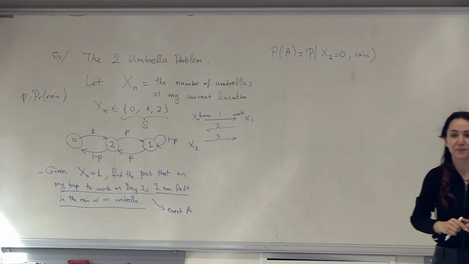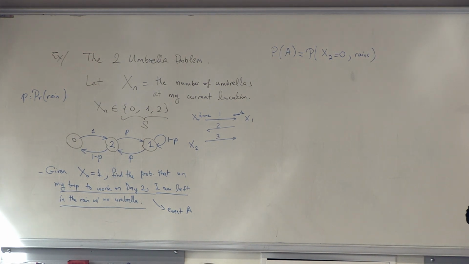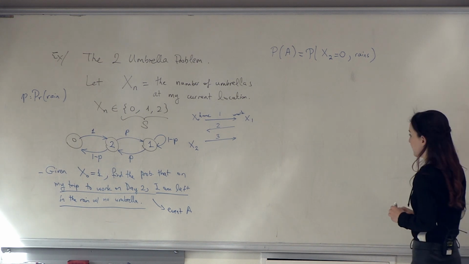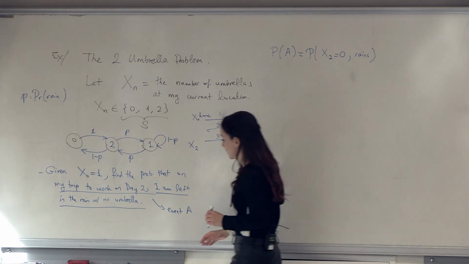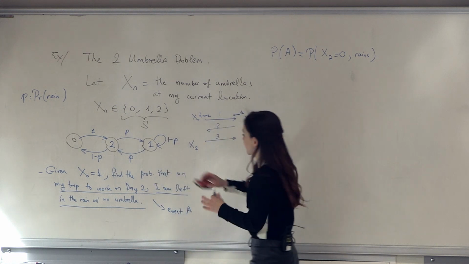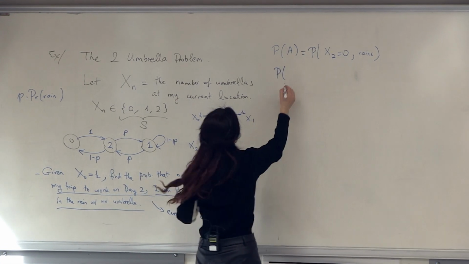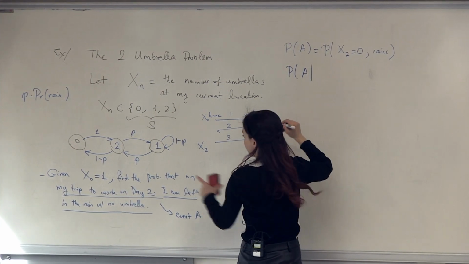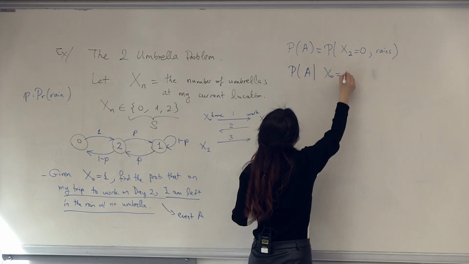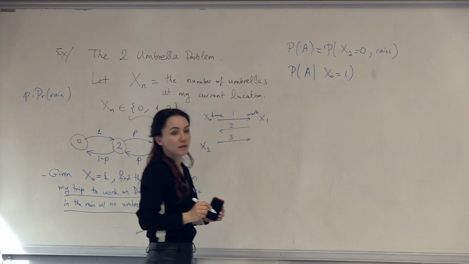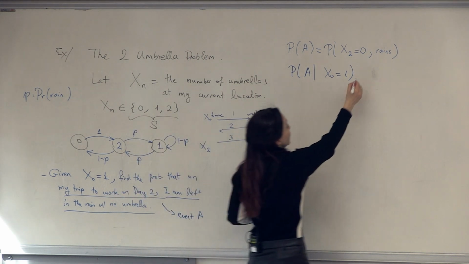Any questions? All right. But I'm also given, so I need to compute the probability of A given that X0 is 1. Okay, so this is what is asked in the question.